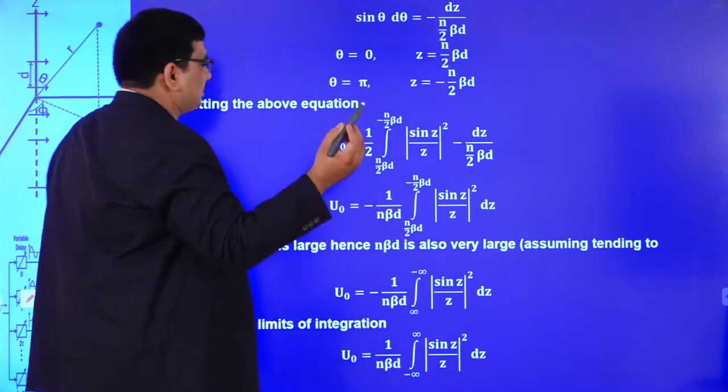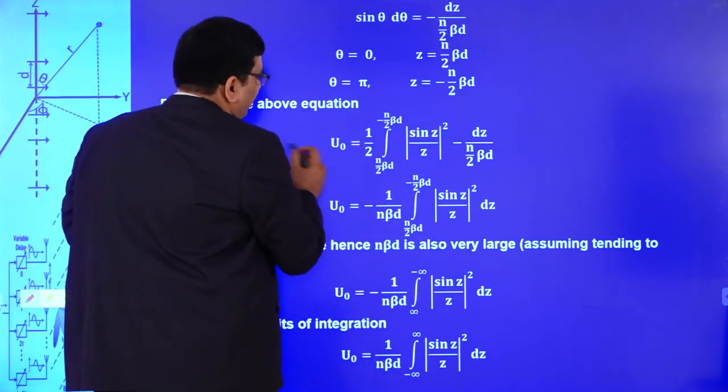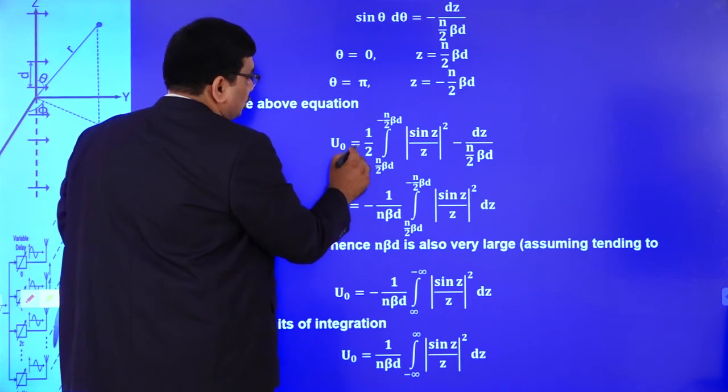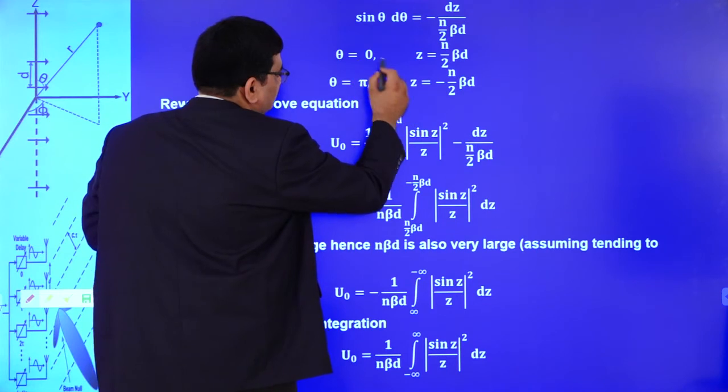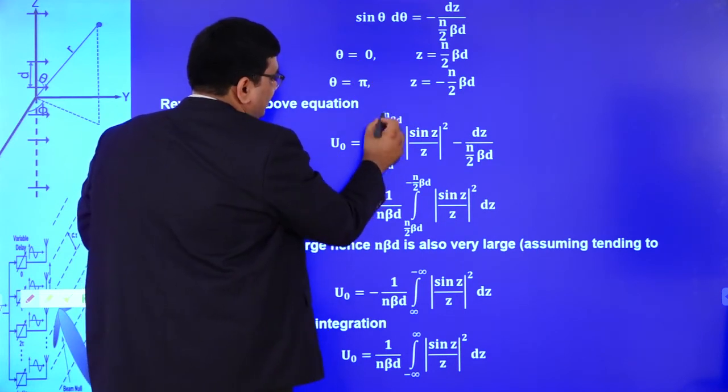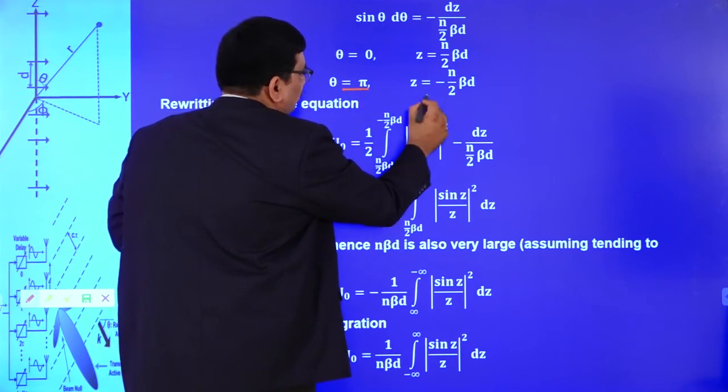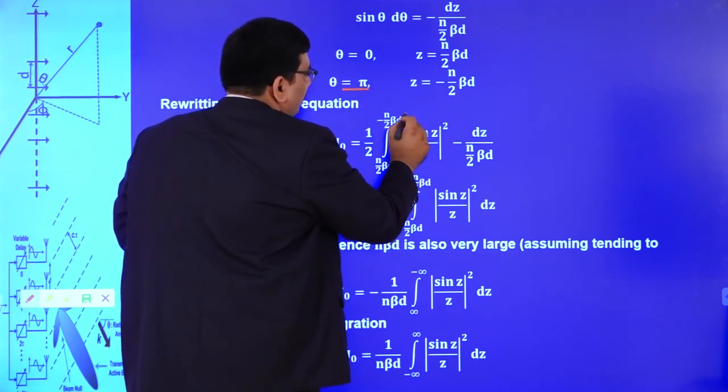Now I am substituting here, rewriting the above equation, U naught is equal to 1 by 2 into the integral, where theta is equal to 0 means z is n by 2 beta d, and theta is equal to pi means z is minus n by 2 beta d.